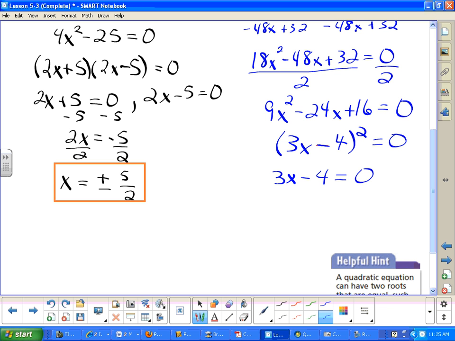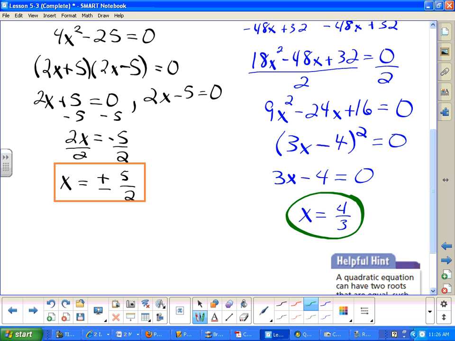So there's only 1 zero here, and that zero is positive 4/3, because we have to add 4 and then divide by 3. Just 1 zero. So if you have the difference of 2 squares, you're going to end up with 2 zeros, plus or minus. If you have a perfect square trinomial, you're going to end up with just 1 zero.